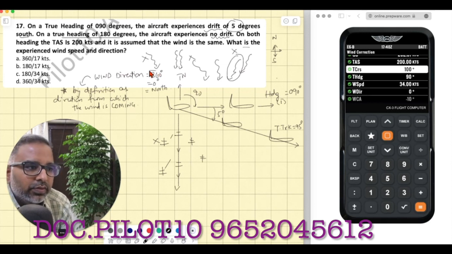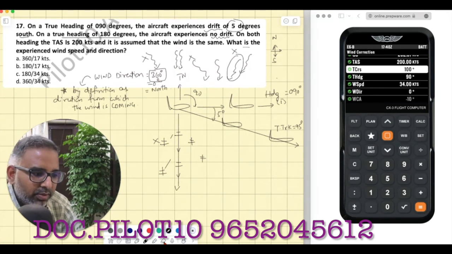So now you know the wind direction is 360, right? Let me mark with a highlighter. You know its heading is 090.